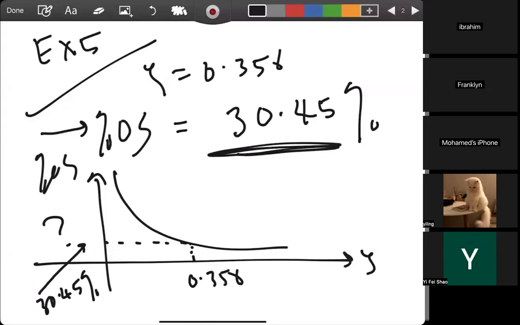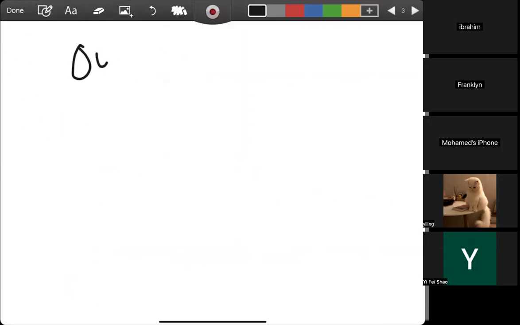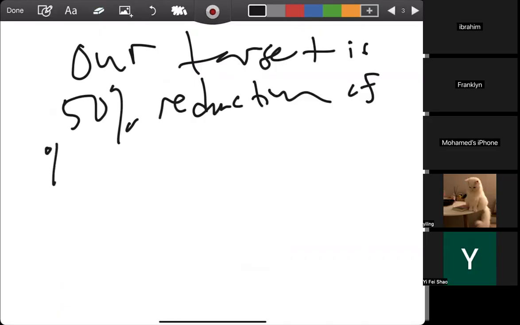So this is the original, before compensation, before controller design. Our target is a 50% reduction of overshoot.